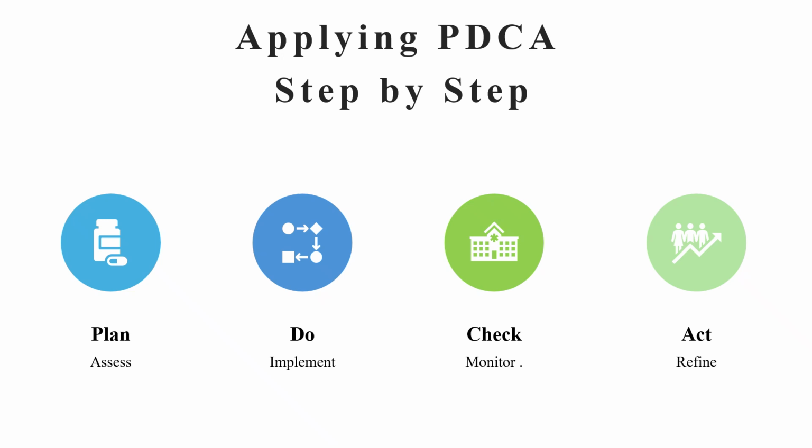Here's how we applied each step of the PDCA cycle. In the plan phase, we analyzed the current workflow and identified that shift change interruptions were a major cause of delay. In the do phase, we piloted a new approach where one nurse was assigned solely to medication administration during peak hours.